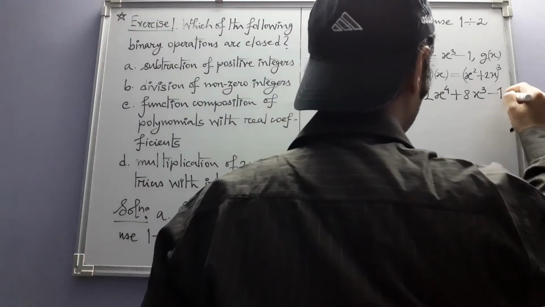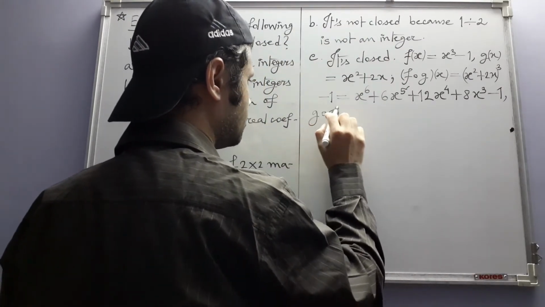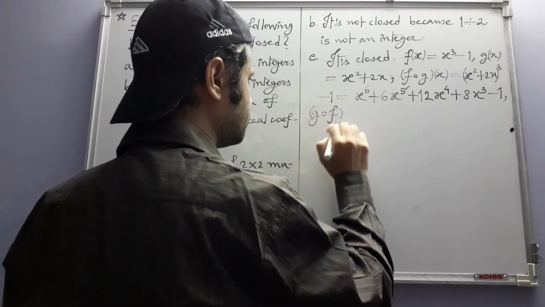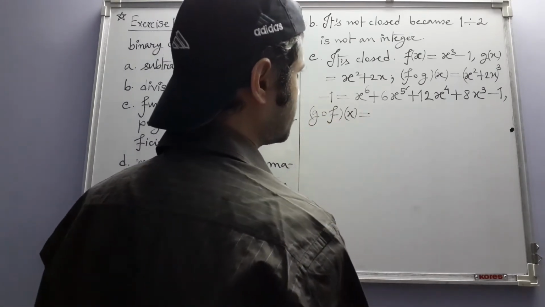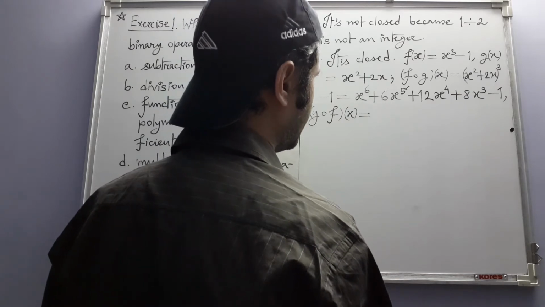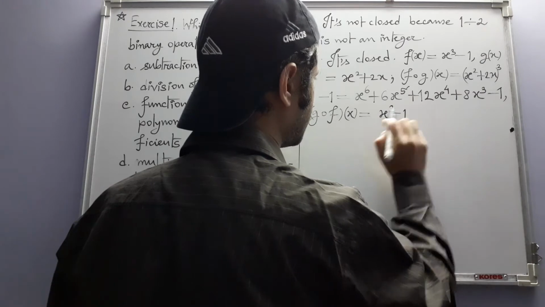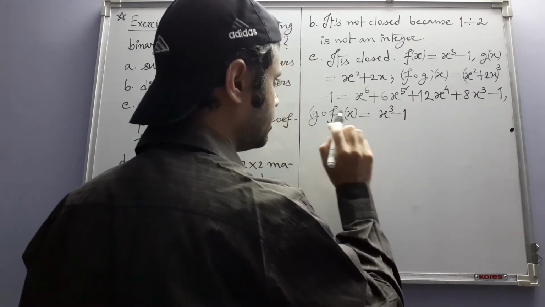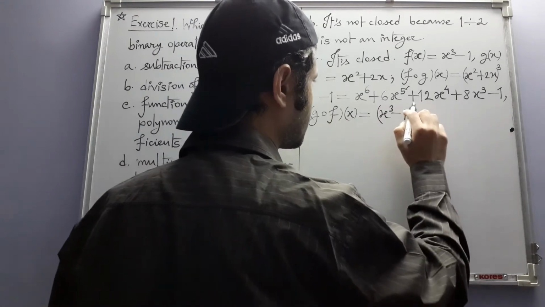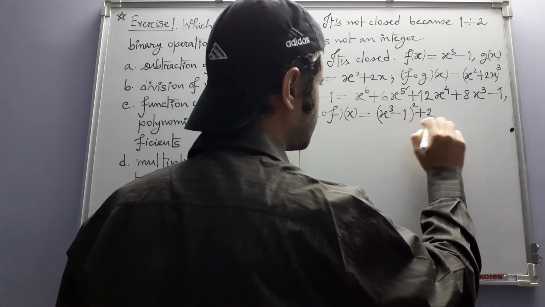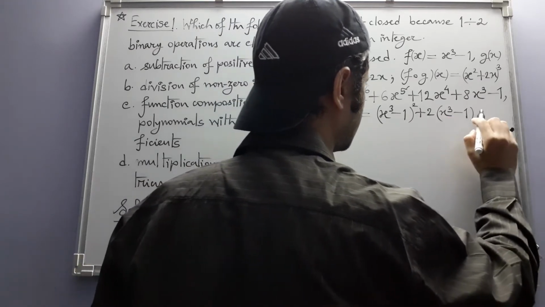The other composition that can be formed is this, G composition F of x. So here you will have (x cube minus 1), first we are applying F, and on that we are applying G, whole square plus 2 times x cube minus 1.